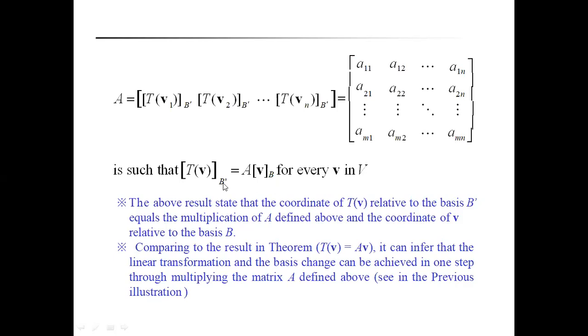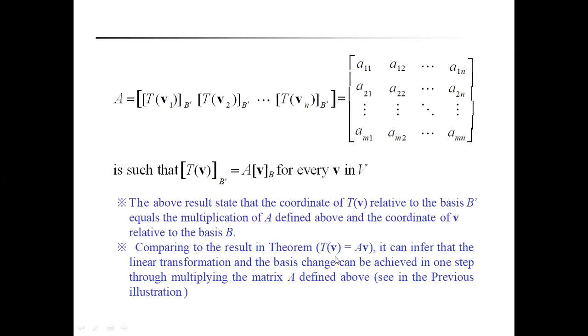The square bracket always represents the coordinate matrix of whatever is inside, that is T(v). This means the coordinate matrix of T(v) relative to the basis B' equals the multiplication of A defined above, this is the A matrix, and the coordinate matrix of v relative to the basis B. This is the formula mainly you have to remember.